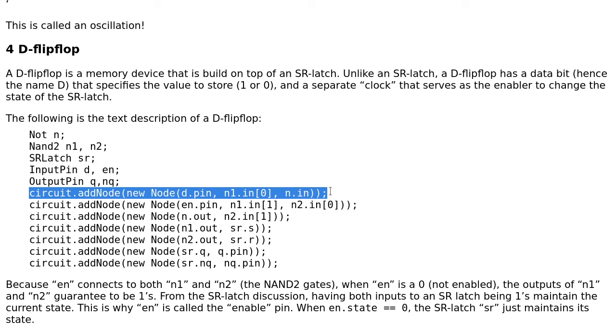Why do I want to use a text method to describe a circuit instead of using Logisim? So we can go ahead and replicate it. It's easier to copy and paste, for instance. But I can also write code to generate this.